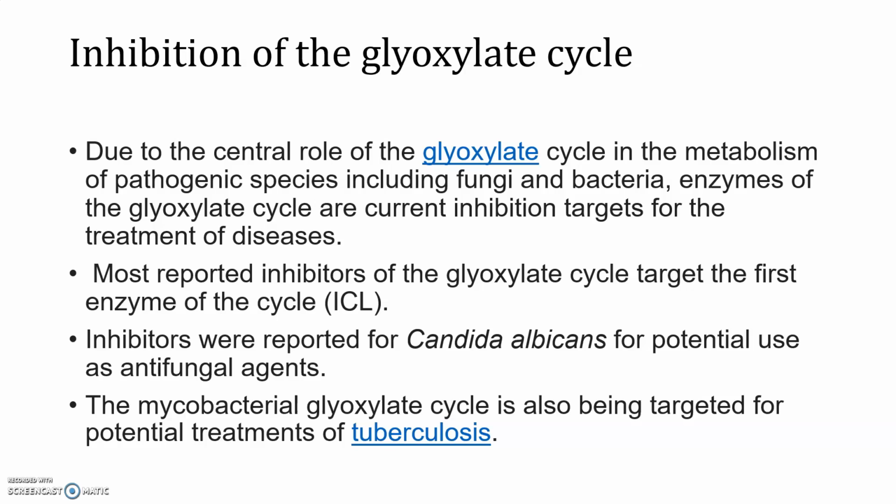Most reported inhibitors of the glyoxylate cycle target the first enzyme of the cycle, and inhibitors were reported for Candida albicans for potential use as antifungal agents. The mycobacterial glyoxylate cycle is also being targeted for the potential treatment of tuberculosis.